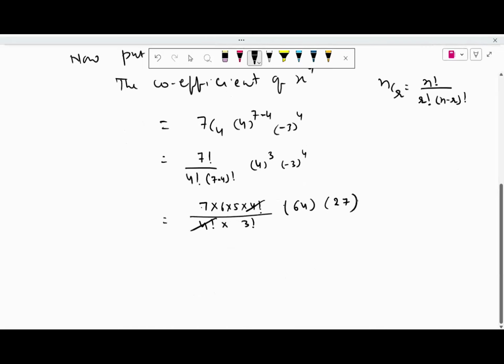Now we have 7 into 6 into 5. And what about factorial 3? What is the value of factorial 3? It's 3 2 1. I'll again request you, if you do not understand anything, even if it is a very small thing, please ask me.